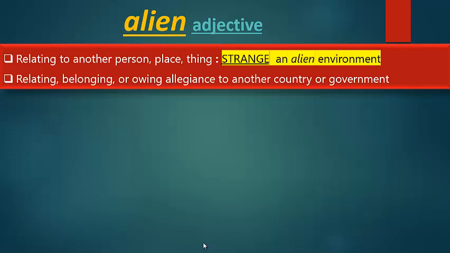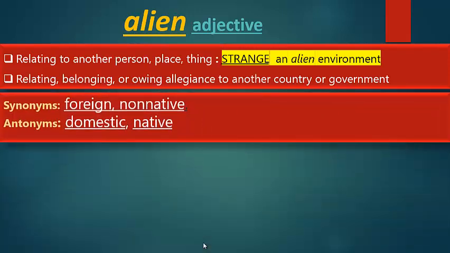Relating or belonging or owing allegiance to another country or government. As synonyms: foreign, non-native person, strange person. The antonym or the opposite is domestic and native person, belonging to the same place.